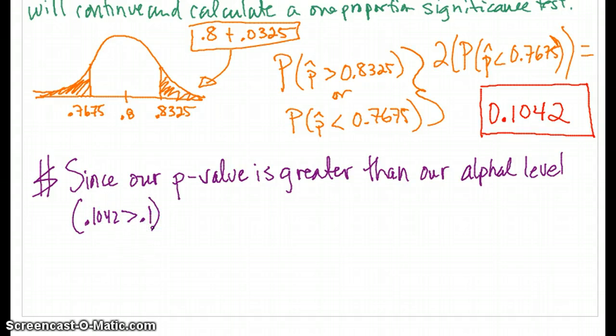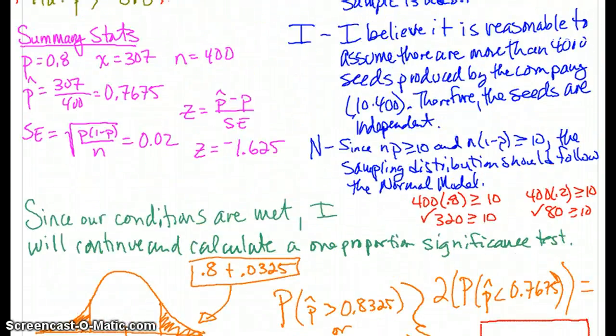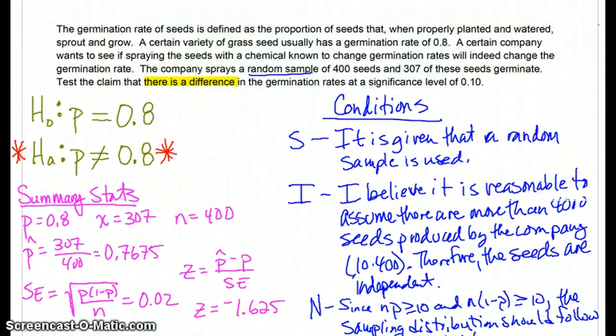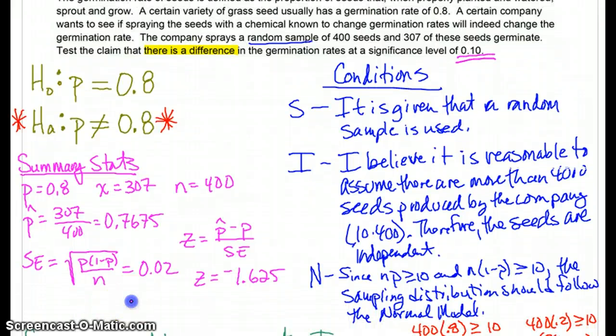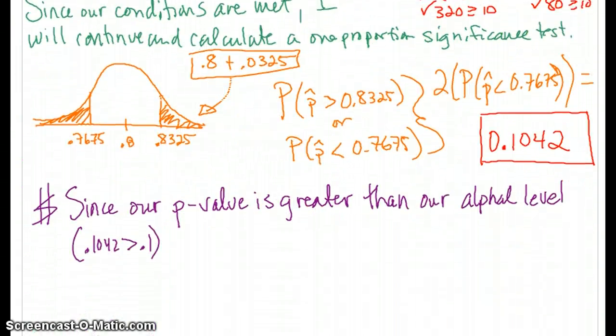Now let's look back, because I think I left that off of the summary stats, right? Oops, left it off the summary stats. Let's pick my pink, go back to this right there. Alpha is equal to 0.10, right?